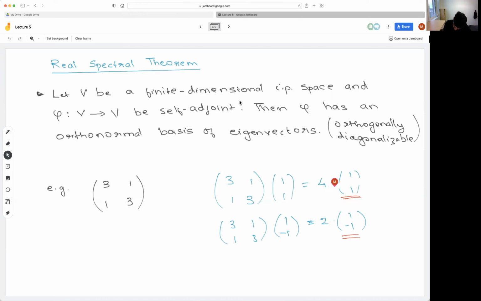So I can look at these vectors, which are 1 over root 2 times (1, 1), and 1 over root 2 times (1, -1).